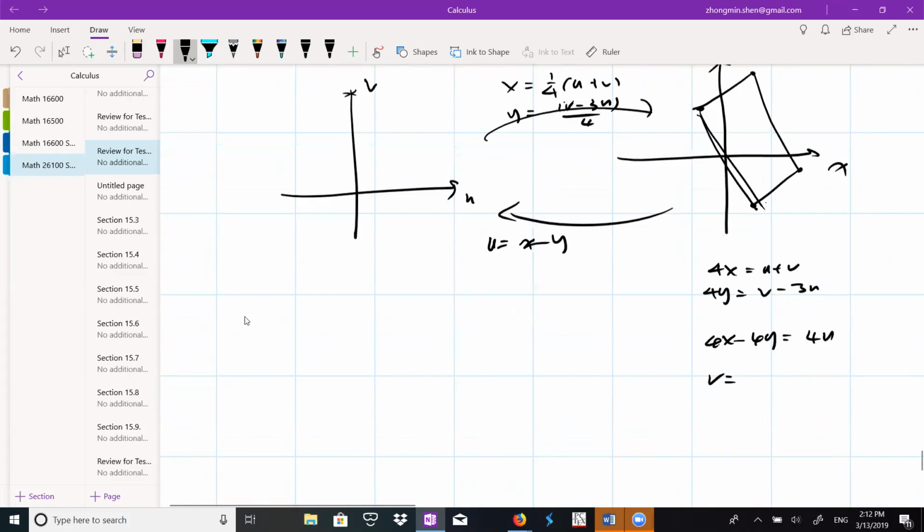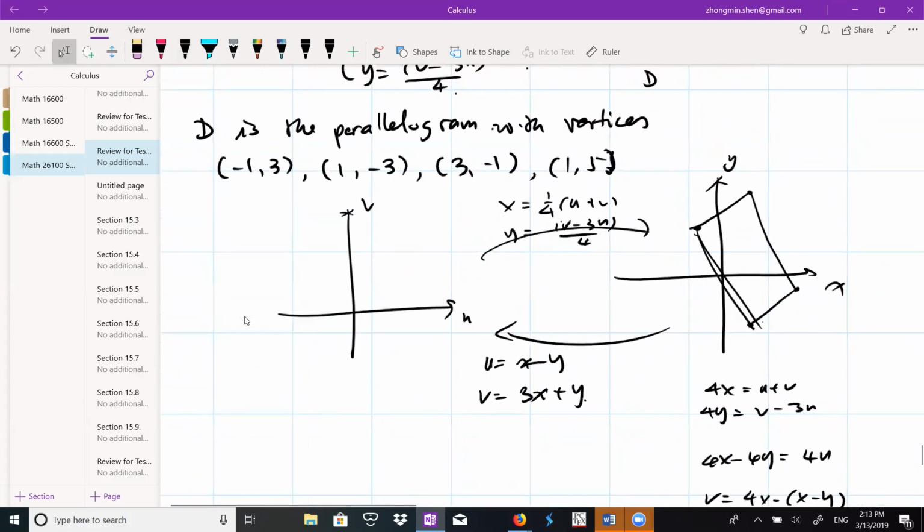First of all, you do subtraction, equation 1 minus equation 2. So u equals x minus y. Then after you get the u, you can solve for v. So you get 3x plus y.